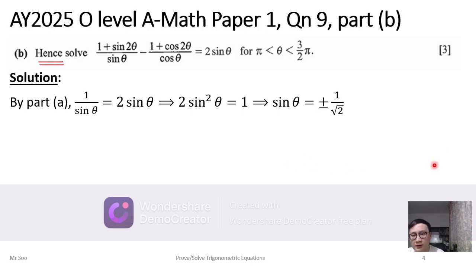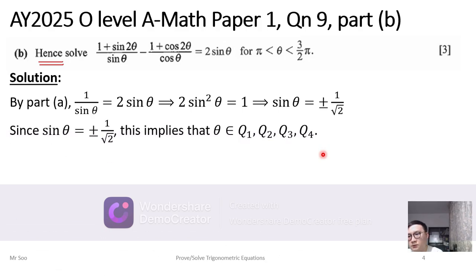So that's why I have 1 over square root 2, and square root 2 is an irrational number, that's why the square root remains in the 2 there. Then when you are taking square root, basically you have plus and minus in front, plus or minus, which means your answer for sine theta, where the actual angle theta lies, will be in all 4 quadrants, Q1, Q2, Q3, Q4.